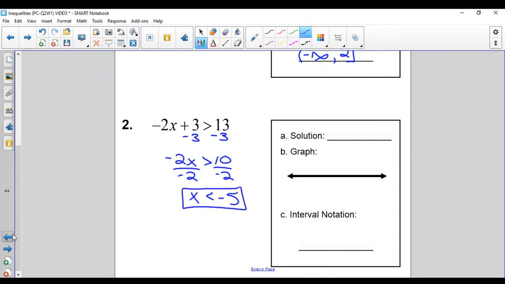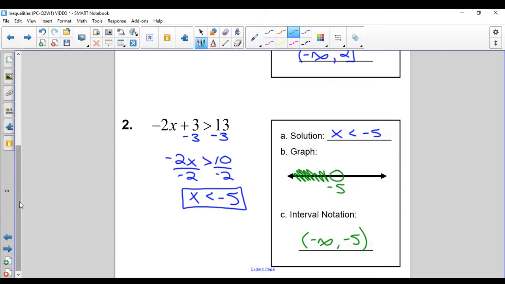There's my solution. x is less than -5. It's an open circle because it's just less than. Throw a -5 on there. We're going left because we're going less than. Graph is done. Interval notation, we're going right along with it. It's going to be parentheses, negative infinity to -5. Close it with parentheses because it's an open circle.